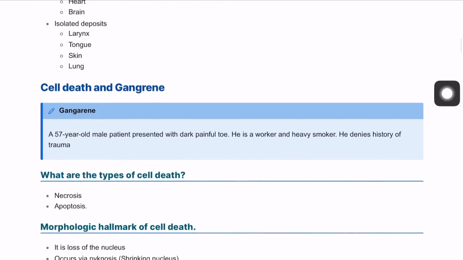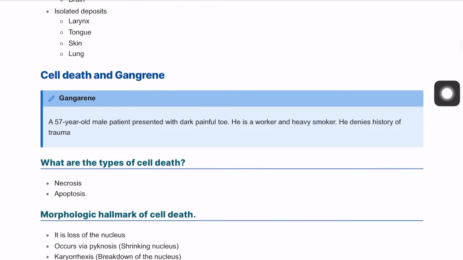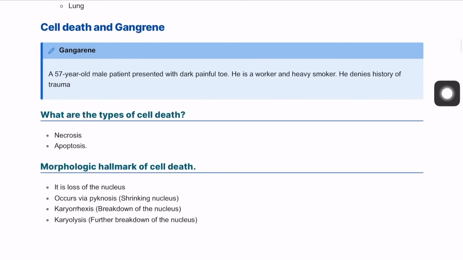So the last part of the general pathology is cell death and gangrene. Normally our cells are under continuous turnover, whether it's a programmed turnover or an accidental turnover.